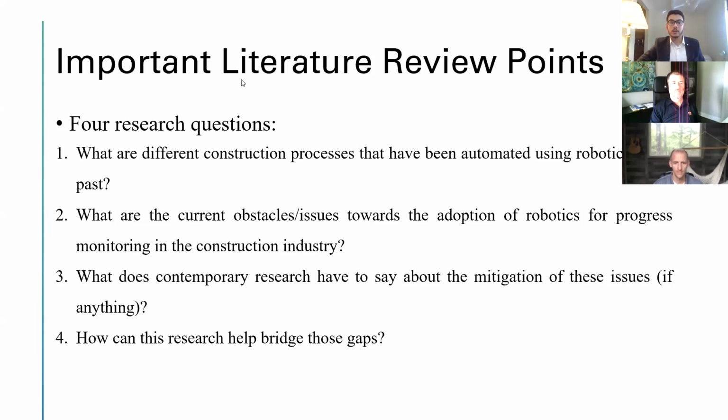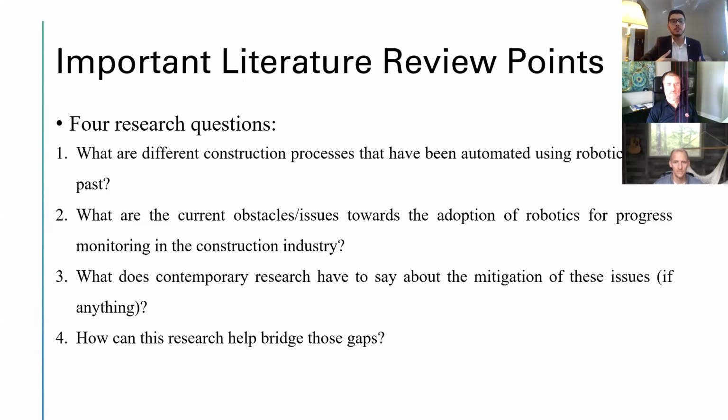The second one was, what are the current obstacles, issues towards the adoption of robotics for progress monitoring in the construction industry? What are the obstacles that are being faced for the adoption of automation or robotics or even similar technologies in the construction industry? What does contemporary research have to say about the mitigation of these issues, if anything at all? And then lastly, how can this research, our research, help bridge those gaps?